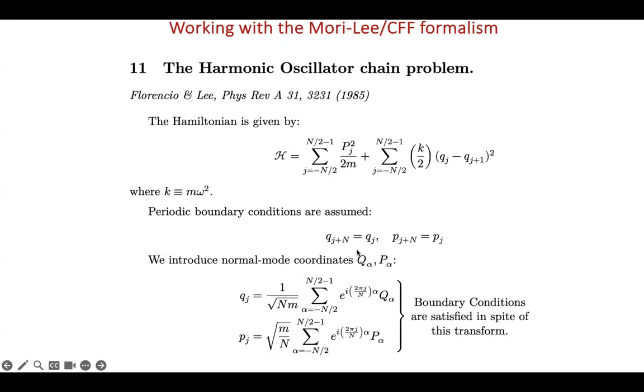Now, this condition is typical, although it is not really necessary for us. But the periodic boundary condition, making the chain into a ring, is typical. That way it becomes endless. You don't have to worry about the boundaries. But let's not worry about boundaries anyway, because we are going to take n going to infinity.